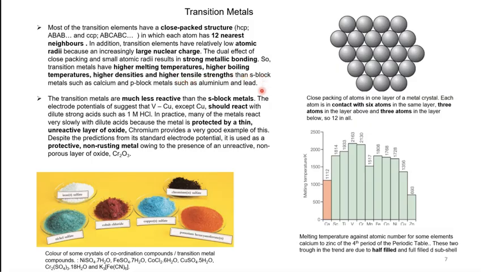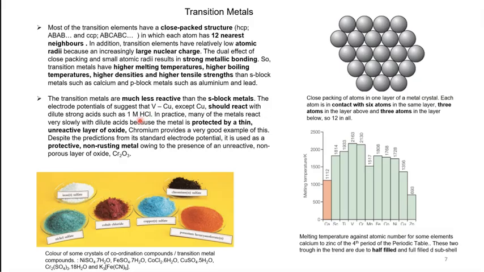You see, because of these properties, we see that transition metals are much less reactive than s block metals or p block metals, etc. So if we consider the electrode potential of vanadium to copper, we expect that they should react with dilute strong acids, such as 1 molar dilute hydrochloric acid.